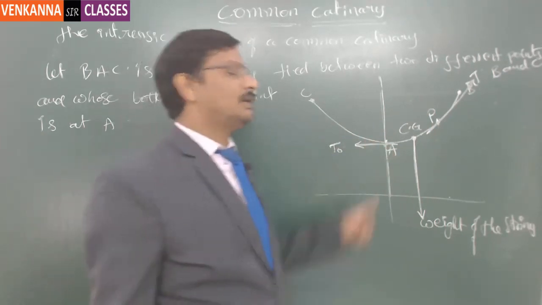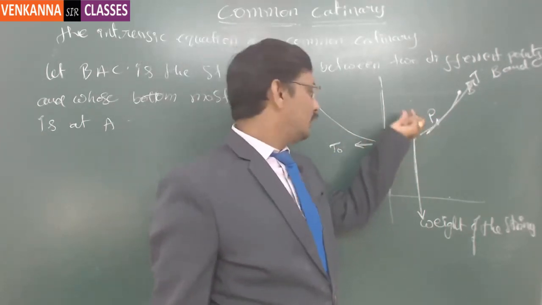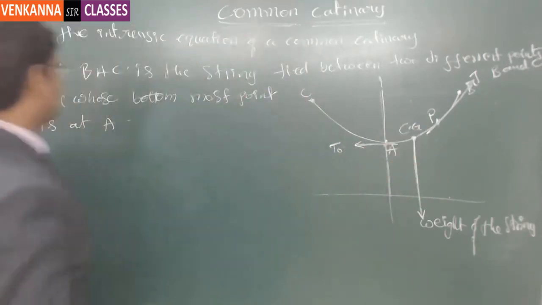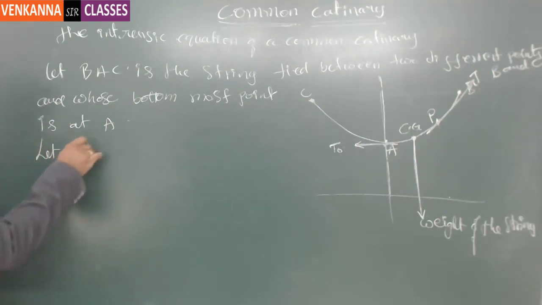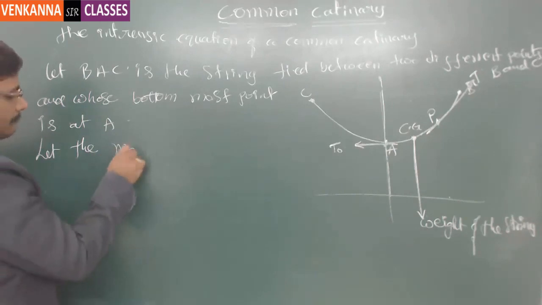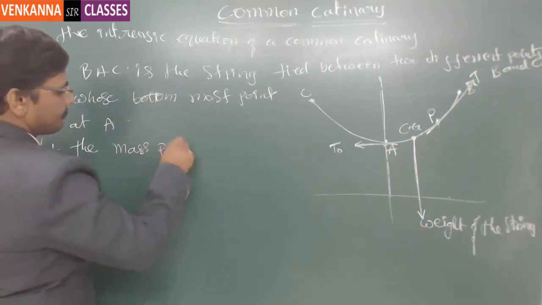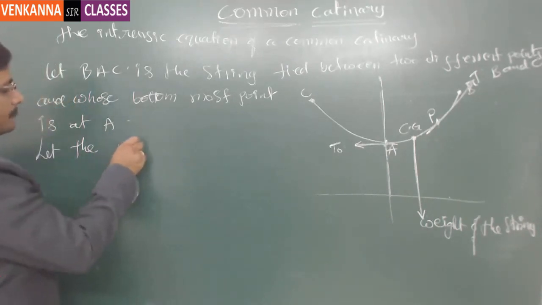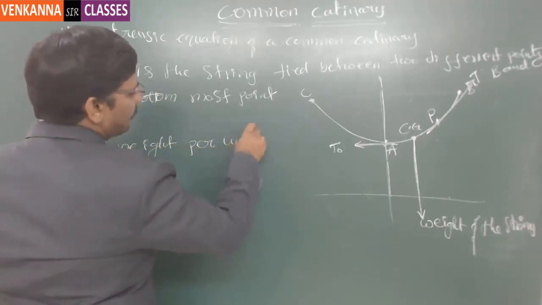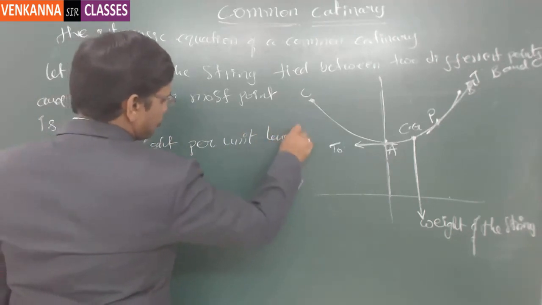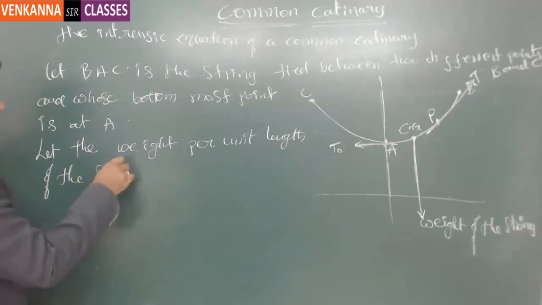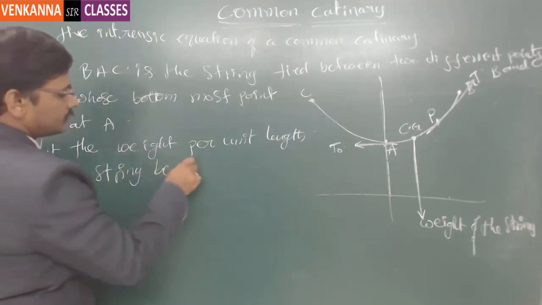Because of the weight acting on this, it will be acting downwards at the center of gravity. Now that weight we need to consider. So here let the mass per, or the weight per unit length of the string, be small w.